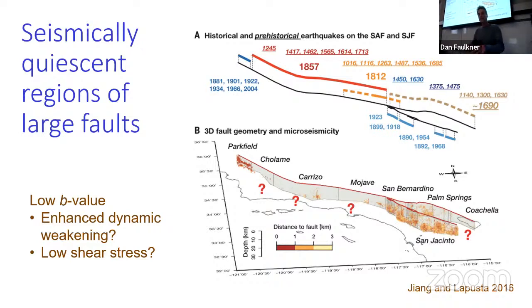If that's the case, it would take thousands of years to build up the stress on these sections to levels where we could critically stress the fault.